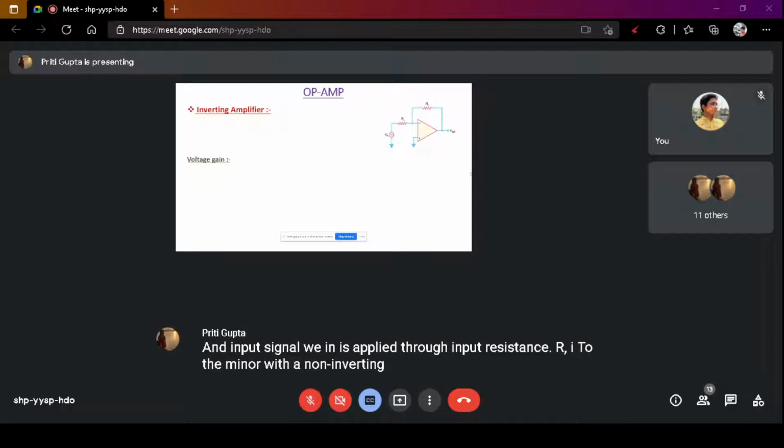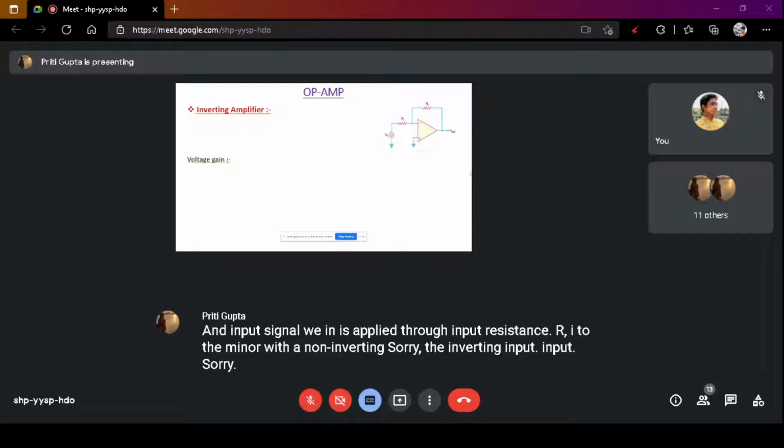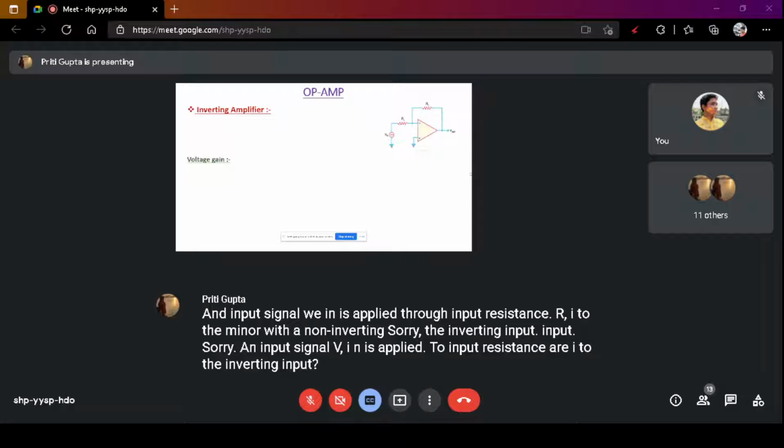Sorry, to the inverting input. An input signal Vin is applied through input resistance Ri to the inverting input. Full stop.